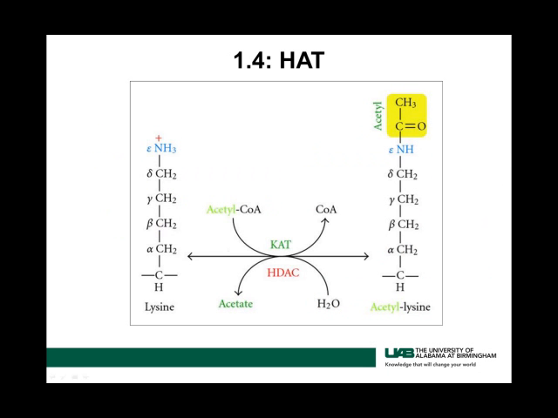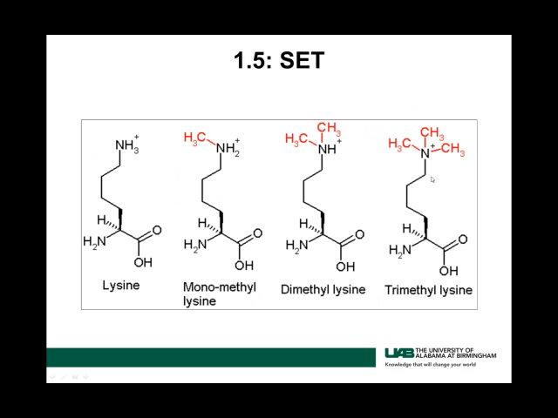Histone acetyltransferase, as I said, the acetyl group is transferred to the epsilon amino group of the lysine residue, and this is the acetate or acetyl group right here. That's the epsilon amino group on the R group of lysine. Methylation, on the other hand, occurs on both lysine and arginine, but this is a picture of lysine.